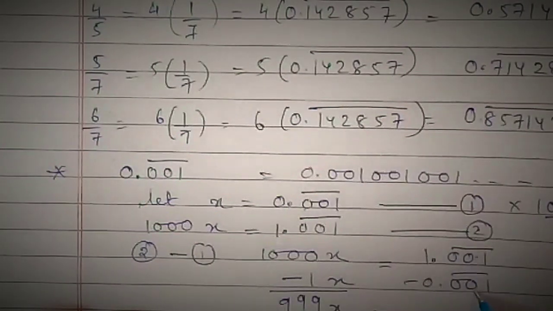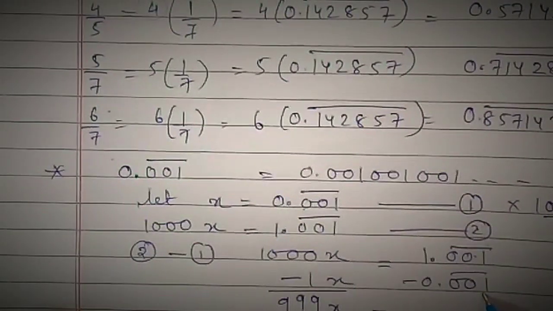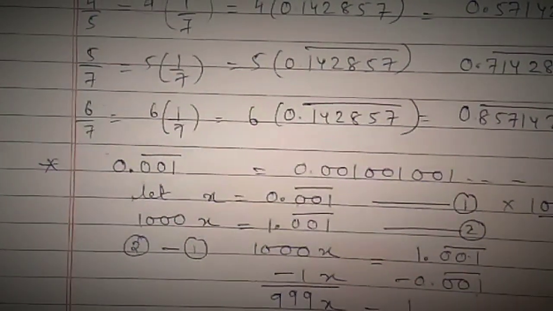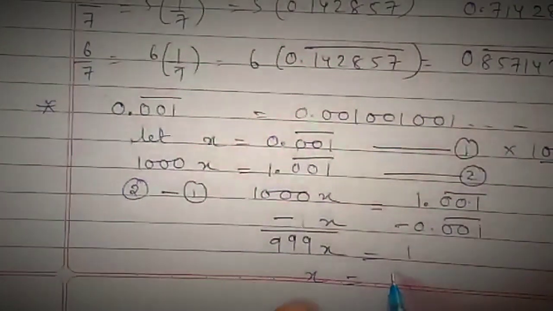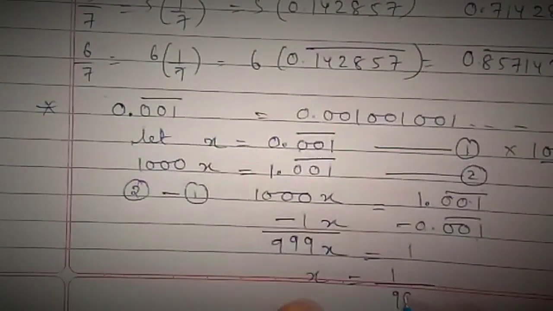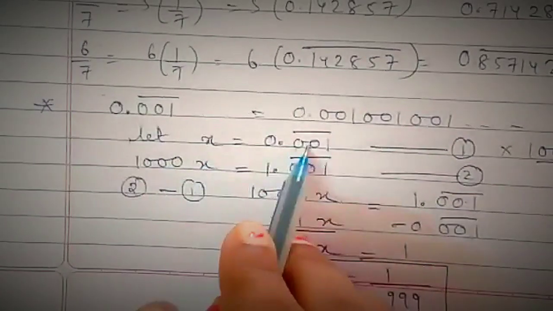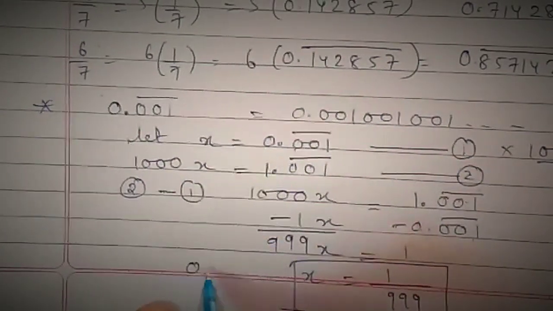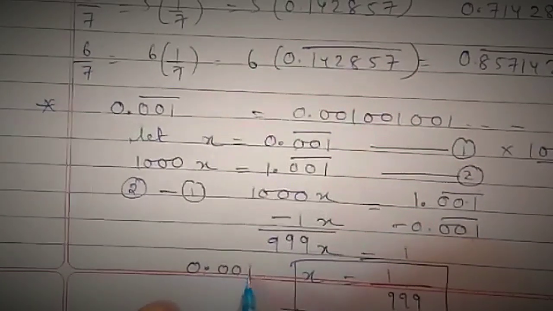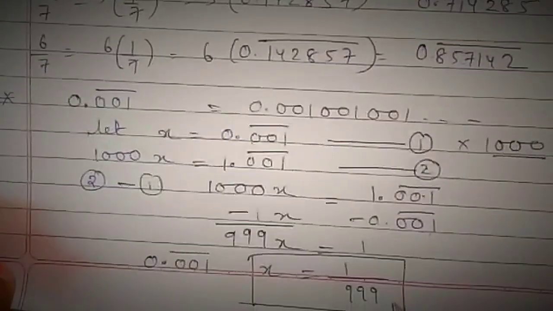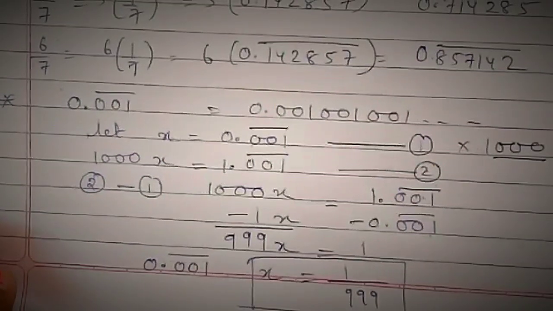Now as the same string is subtracted, the answer will be 0, and 1 minus 0 will be 1, so your value of x is 1 upon 999. So that means x was 0.001 the whole bar. So we can say 0.001 the whole bar is equal to 1 upon 999.